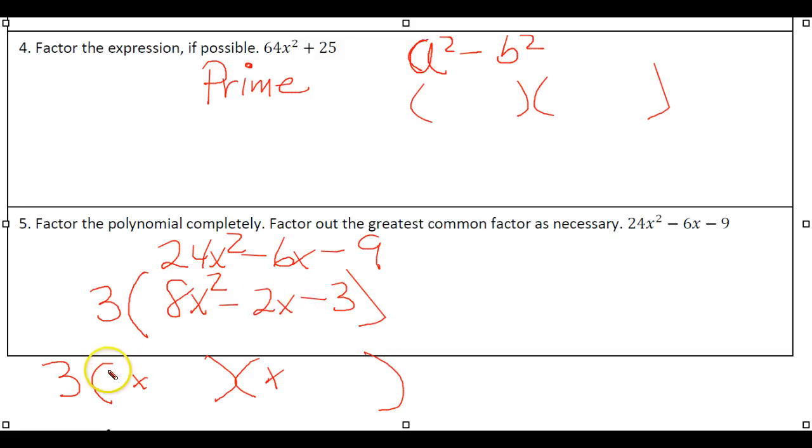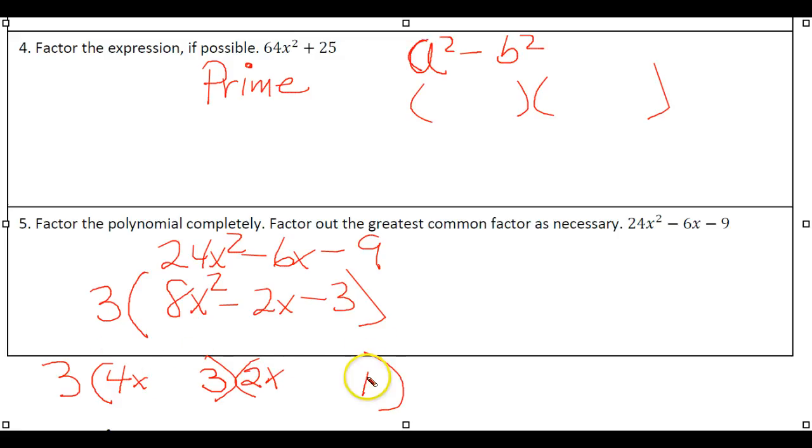So I'll try here a 4x and a 2x. Now I want my middle term to be a negative 2. So if I put the 3 here, this is going to be a 6 and a 1 there.